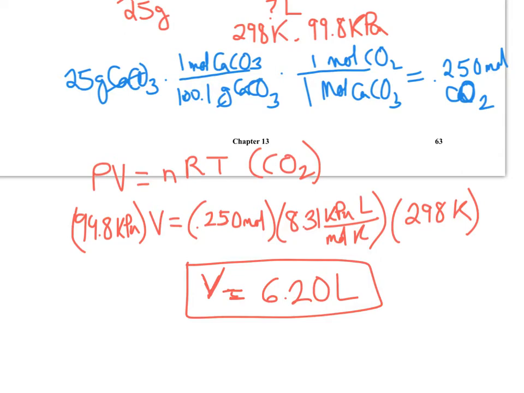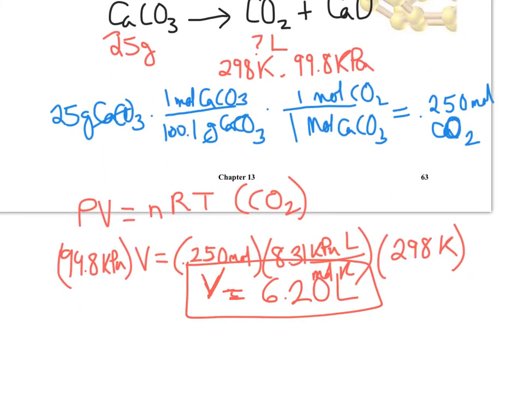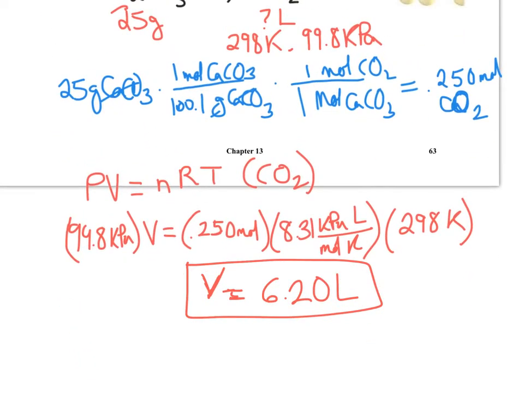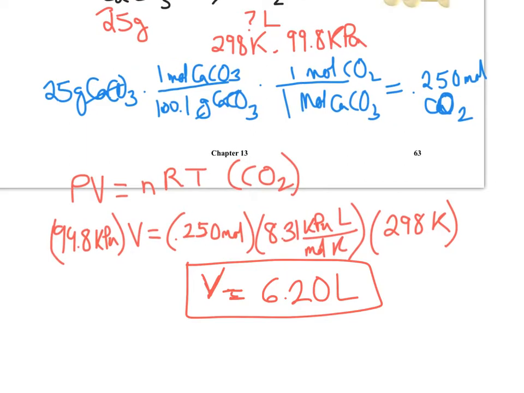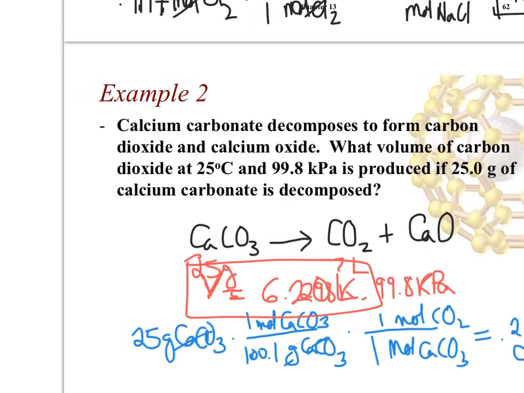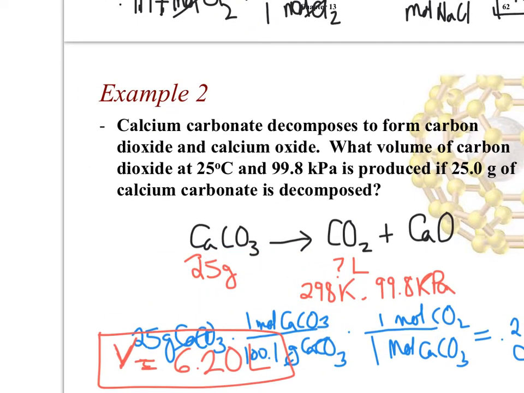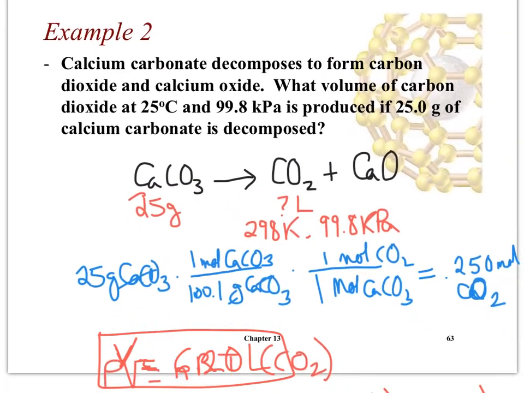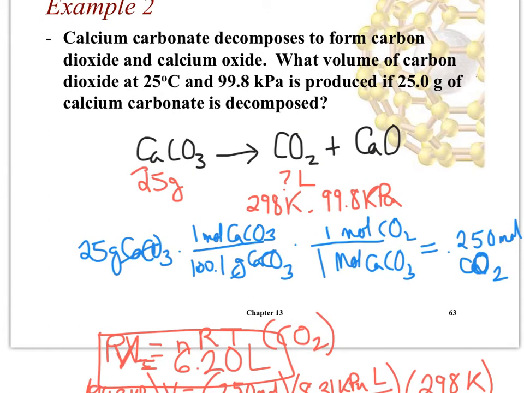So I want you to look real quick at what we did here versus in example 1. In example 2, I used stoichiometry first, right here, and then I plugged into PV equals nRT.